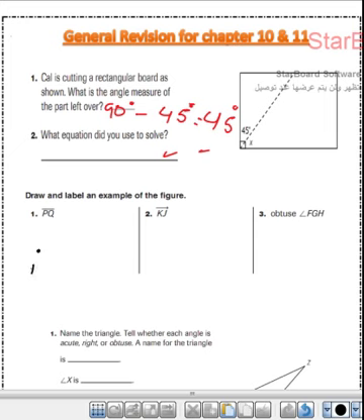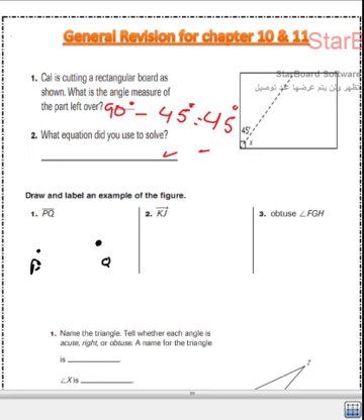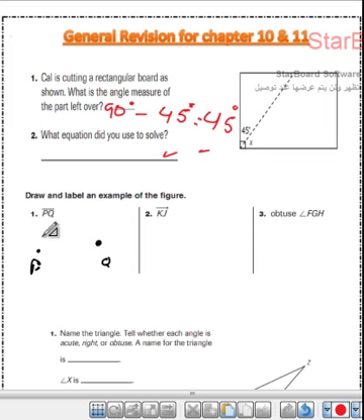State a point and name it B. Then another point and name it Q. Then join between them. This is an example for a line segment BQ.